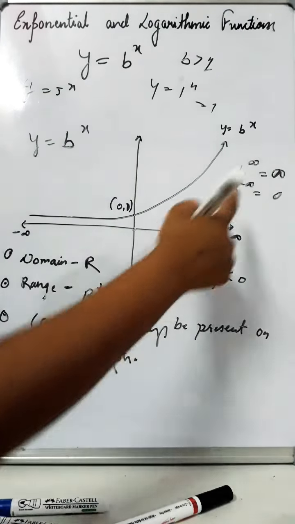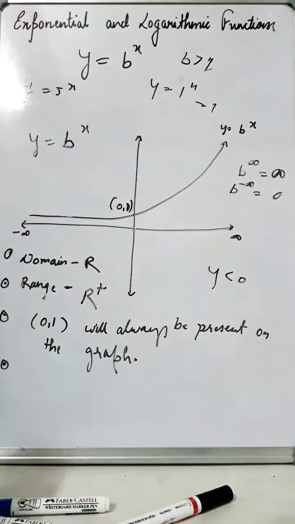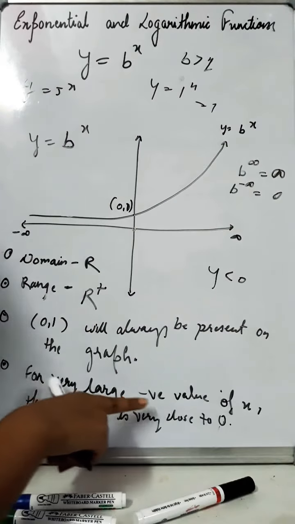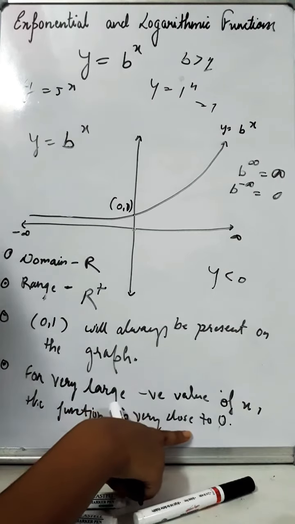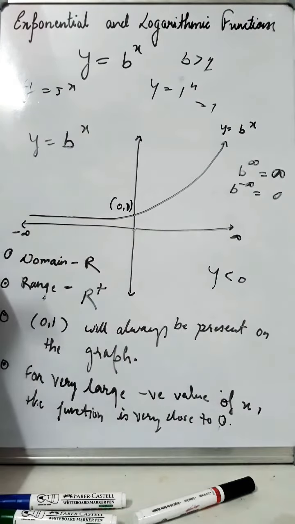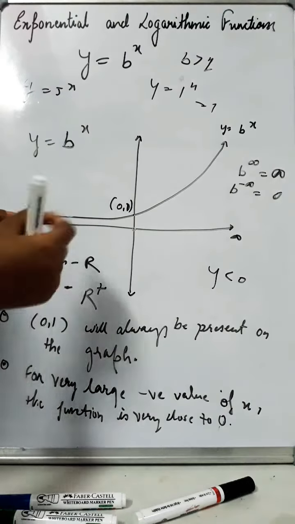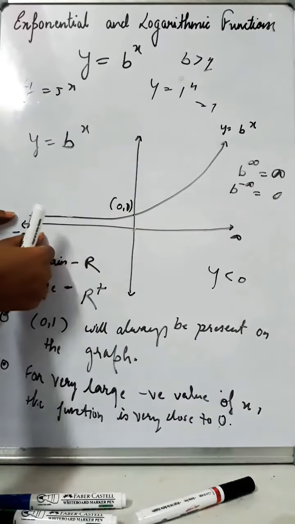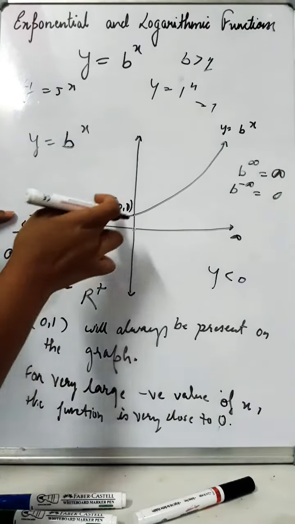So this fourth point you can write in your own language. For a very large negative value of x, the function is very close to 0. Means we assume that our graph is going to intersect the x-axis at infinity, but we actually don't know where it is going to meet.